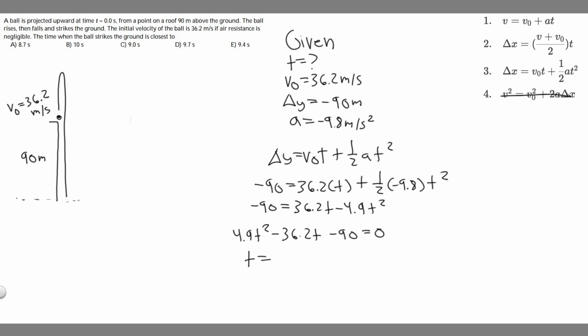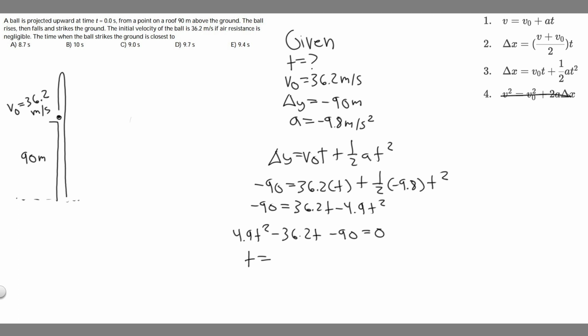The reason one is negative is that you can imagine it on its way up, it goes up like that. But keep in mind time can't be negative, so it doesn't make sense. Our answer is only going to be the positive value. Use the function to find where the zeros are, because we're trying to find when it's 0, and that's going to be your t value.